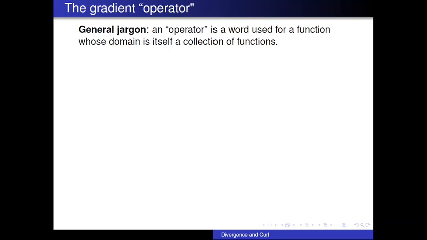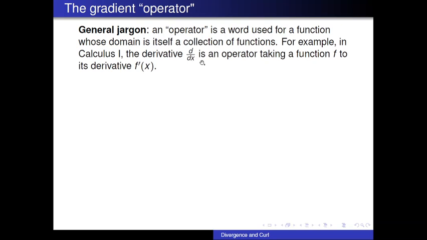Maybe the inputs are functions of one type and the outputs are functions of a possibly different type. So think of it as a gadget that does stuff to functions and turns them into other functions or other mathematical objects.